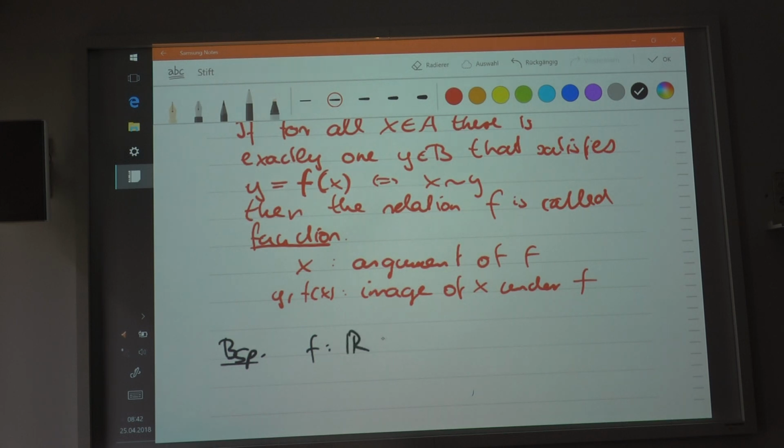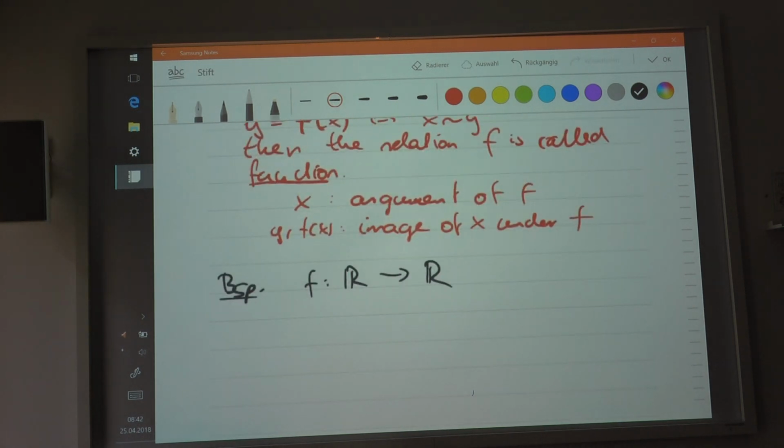Suppose that we take the real numbers twice, so we define a relation on the Cartesian product R by R, which is R squared, right? And suppose that the function is given, for instance, as x squared, so this is the parabola.